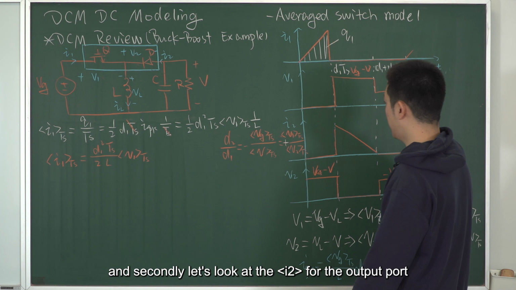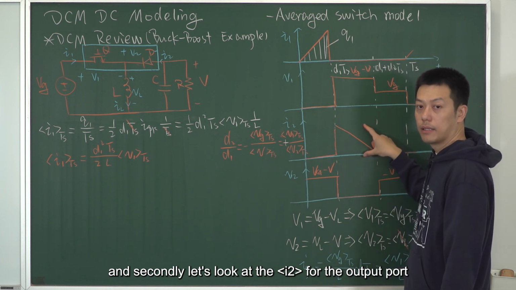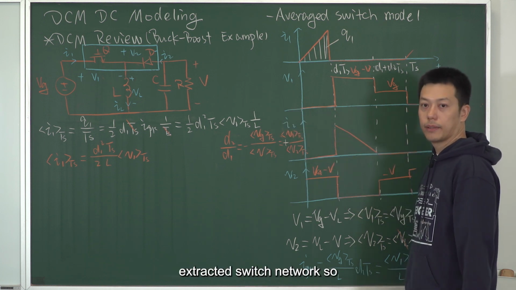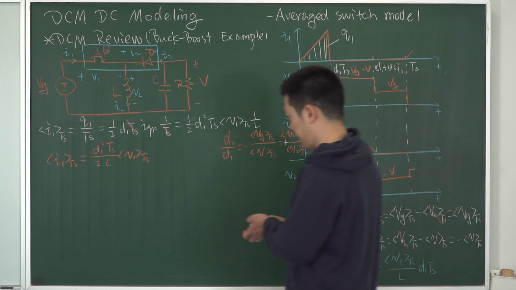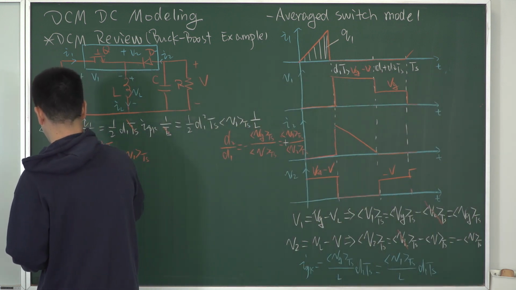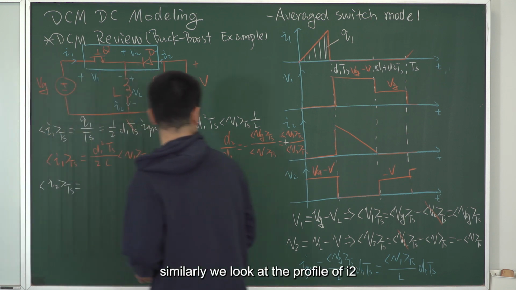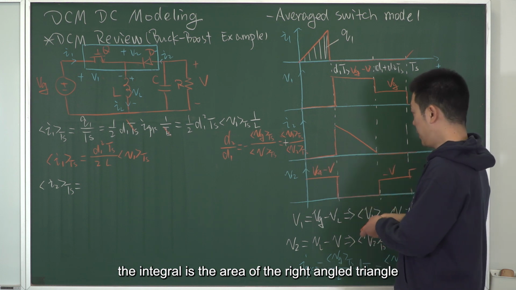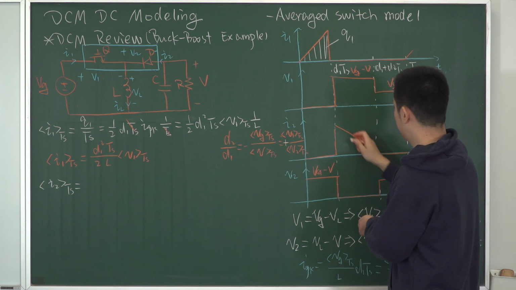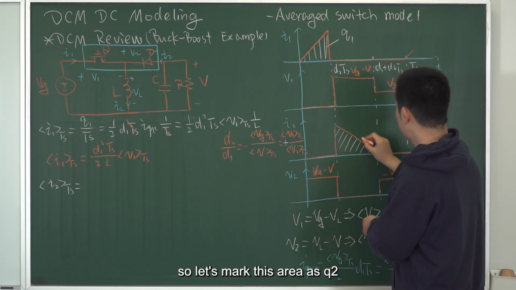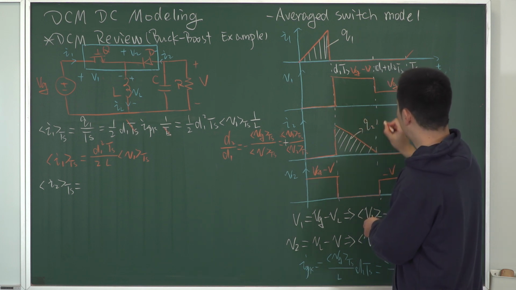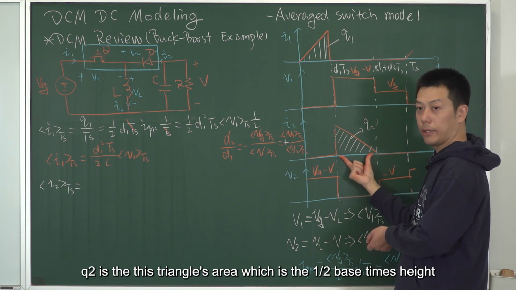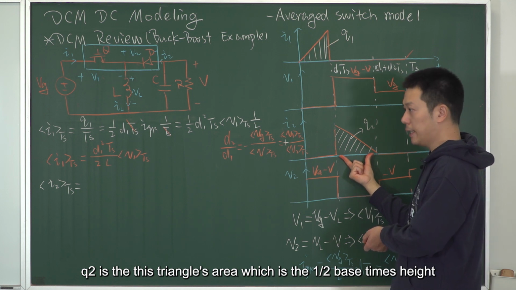And secondly, let's look at the average I2 for the output port in this extracted switch network. Similarly, we look at the profile of I2. The integral is the area of the right-angled triangle. Let's mark this area as Q2. Q2 is this triangle's area, which is 1 over 2 base times height.